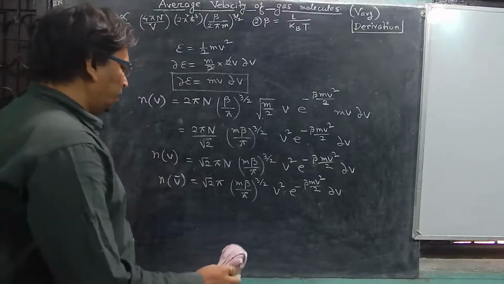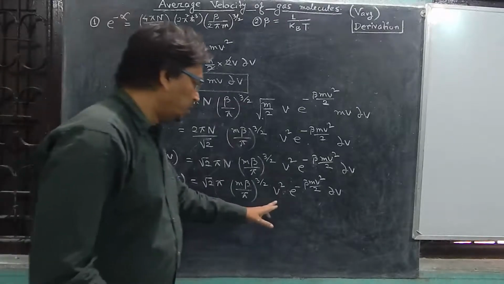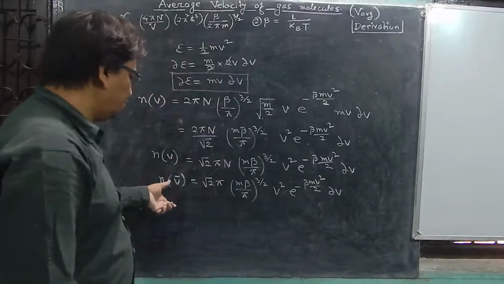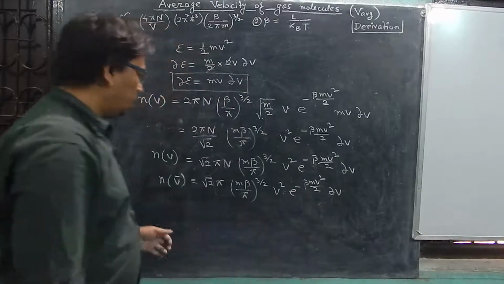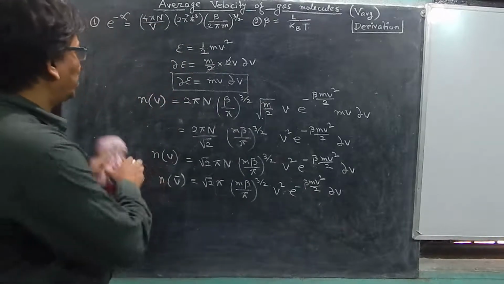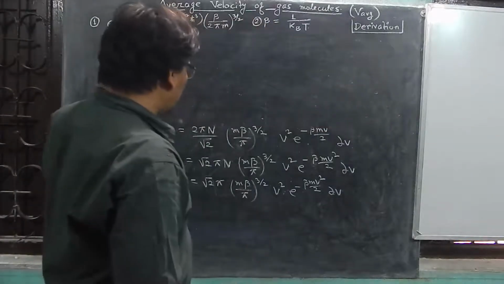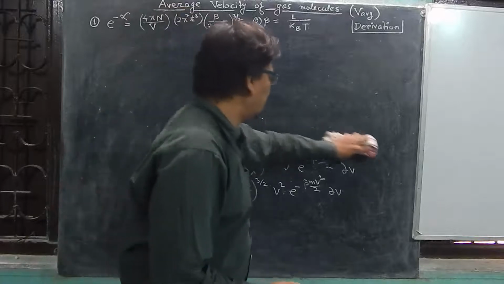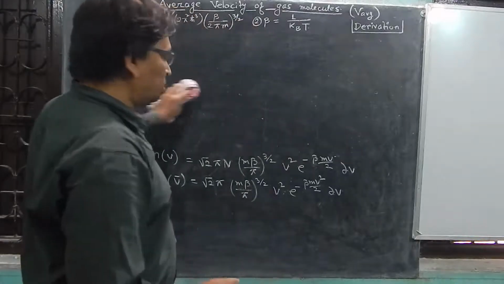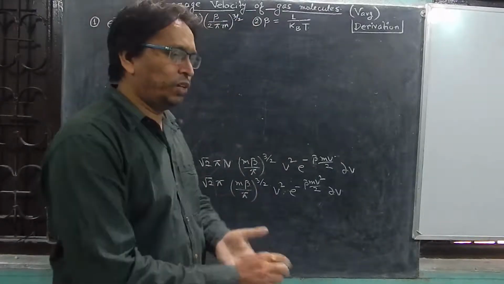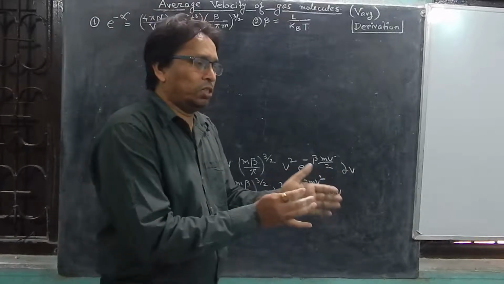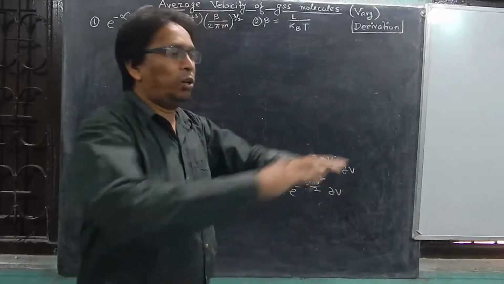Their actual velocity is v square, but this is the average velocity within the total domain. So if we want to find out the average velocity of the total system, meaning all the gas molecules, we are actually interested in finding some average velocity. So this is the average velocity of all these particles.